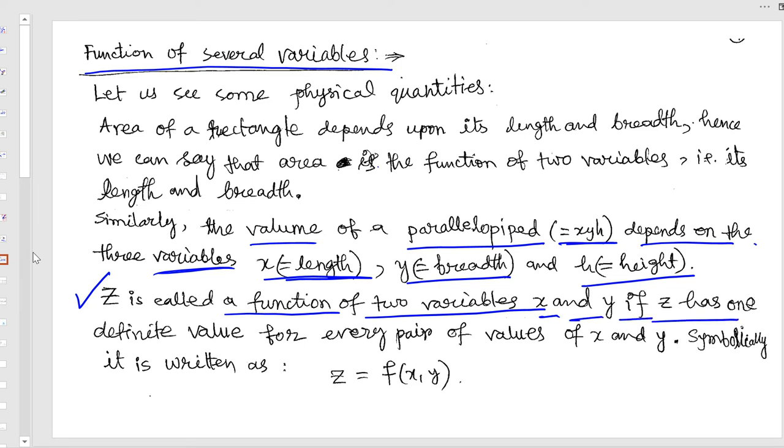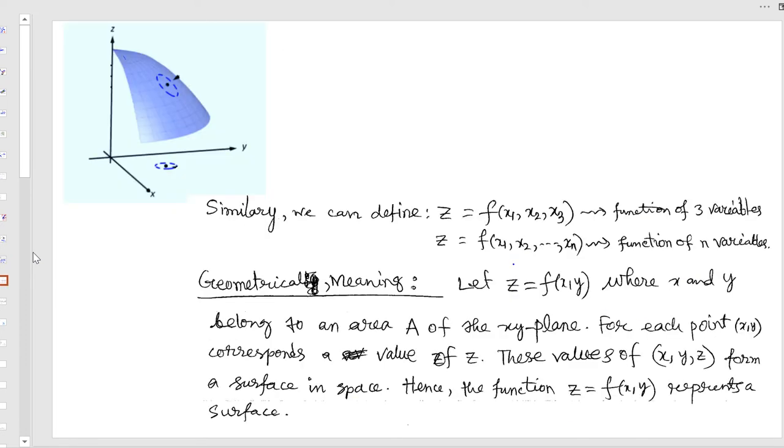For example, area is a two-variable function. Symbolically we write z equals f of x, y. Geometrically, it represents a surface of this form in three-dimensional space.